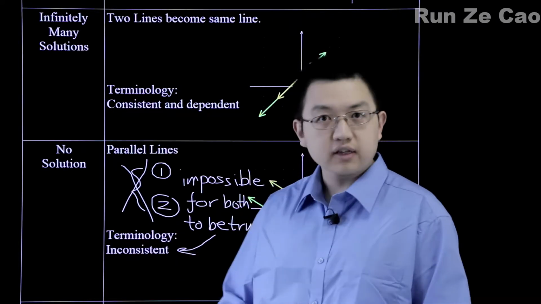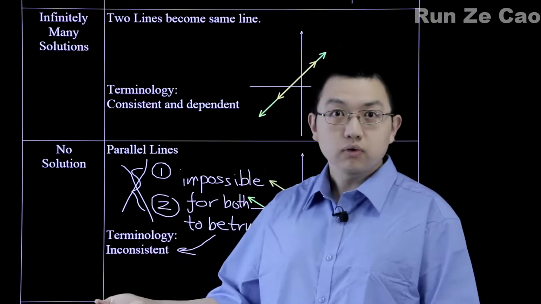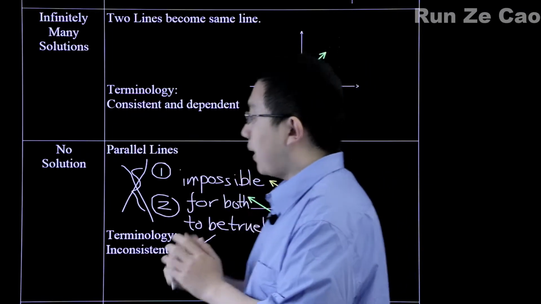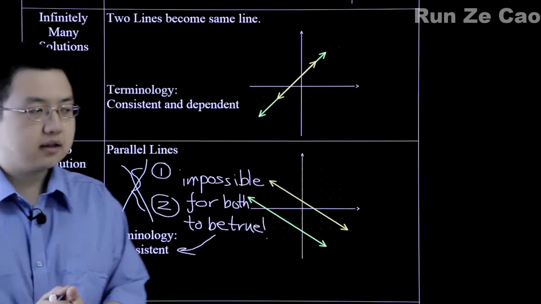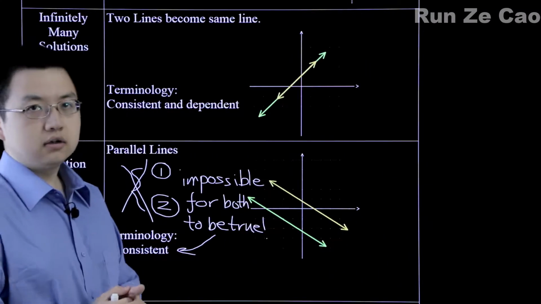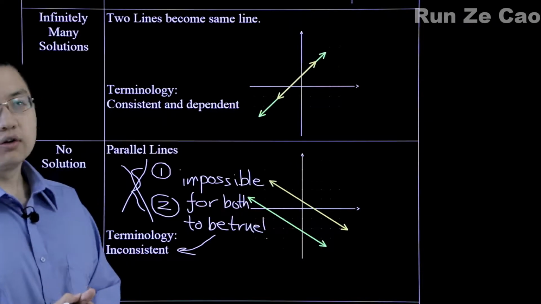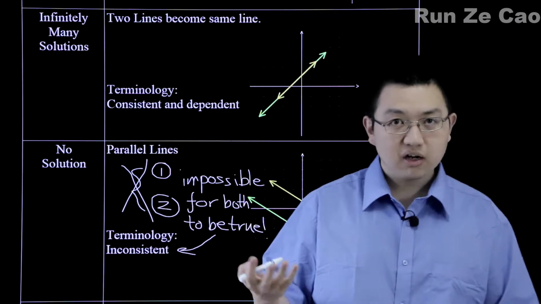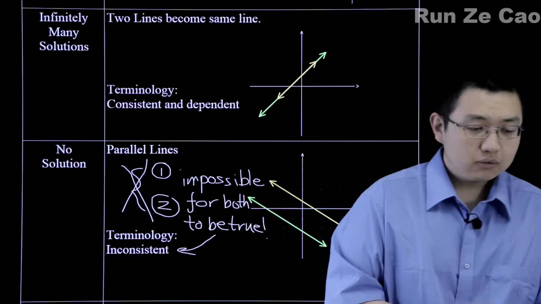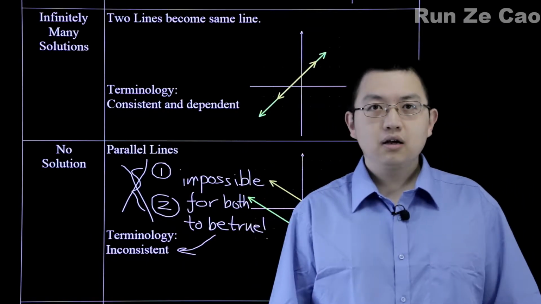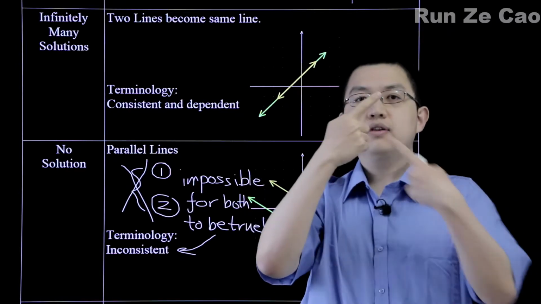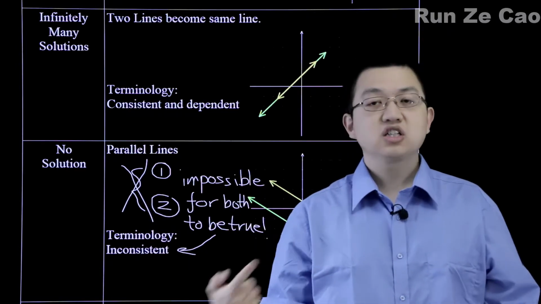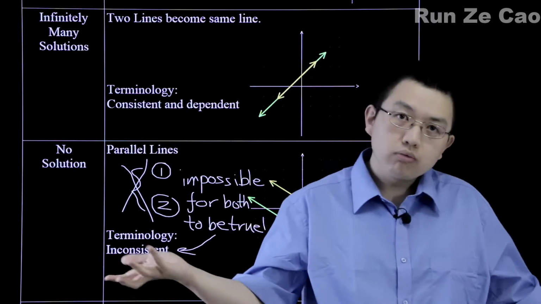It is possible for these lines to both be true, but it is dependent. It is not independent because these two lines match up at every single point. So at every single point they can be thought of as depending on each other. Whereas in the independent case, this line goes this way, that line goes that way, sure, they cross. But do they actually dictate each other? No.